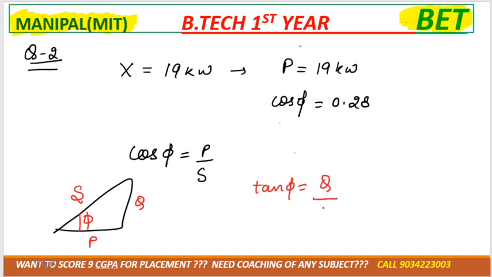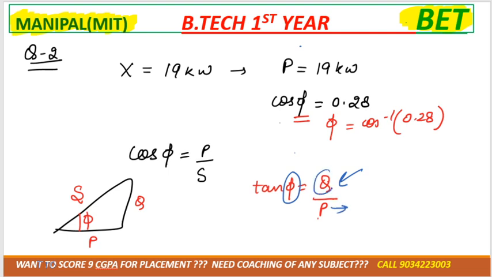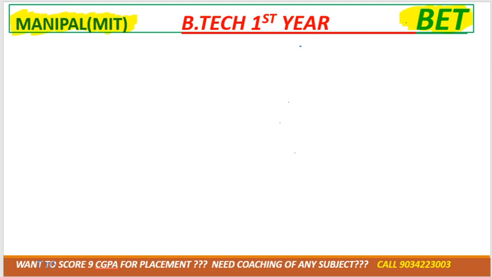That is perpendicular over base, Q over P. So from here you can get the value for phi, that is cos inverse of 0.28, right? So you can get the value for phi. P they have already given. You can directly get the reactive power. Correct? Okay. Now after that, question number 3.